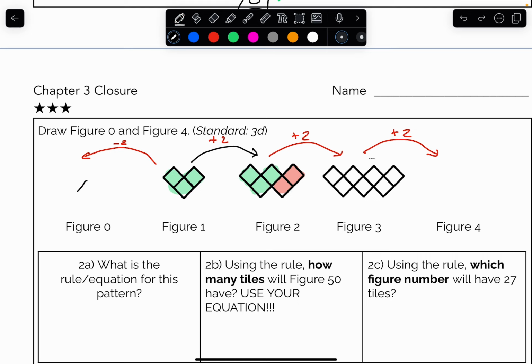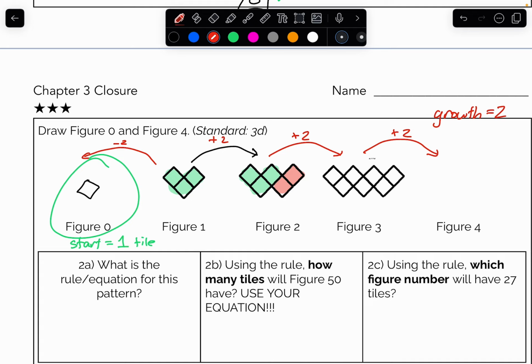So if you got that right, that's awesome. Nicely done. Figure 0, which is considered my start. My start is equal to 1 tile. You can kind of notice that. Okay, the second thing I'm going to notice is the growth is equal to 2.